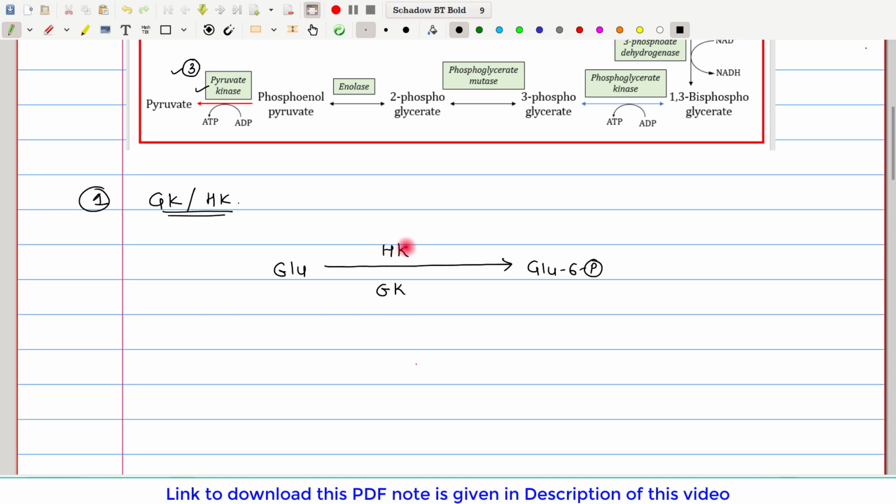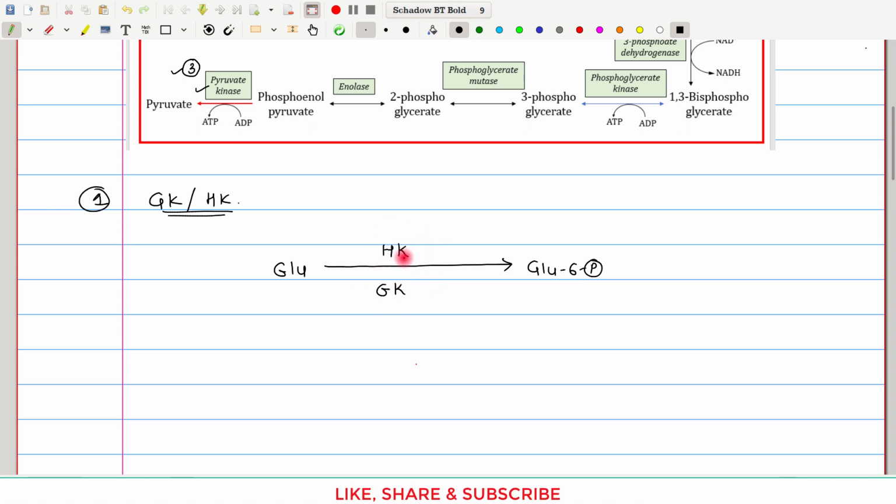Now remember, hexokinase and glucokinase are both isoenzymes. That means they catalyze the same reaction, but their kinetic properties are different. Because of the difference in kinetic properties, their roles in glucose metabolism are different. I had already discussed this, so I am not repeating that.